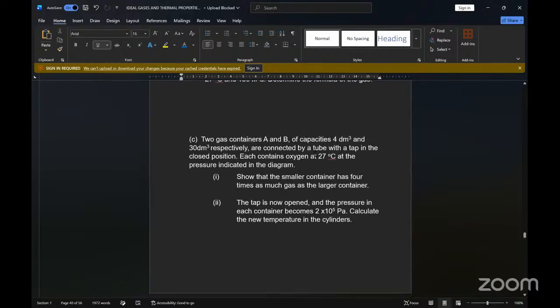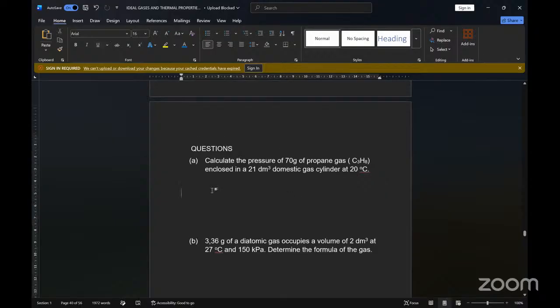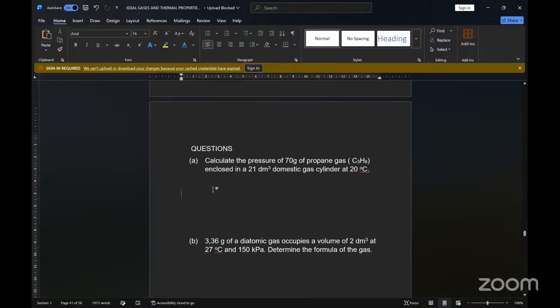Okay, so we are going to answer a number of questions very quickly so that you see this one. It says calculate... I think I may have to skip some of them, time is going. Calculate the pressure of this many grams of propane gas enclosed in this, at a temperature of this.